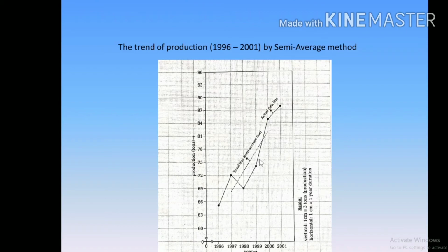And when you plot the 2 points, the semi-average points 68.67 as the first point and 82.33 as the second point, and join these 2 points, you get the trend line. In this way, you can represent the time series data by the semi-average method.